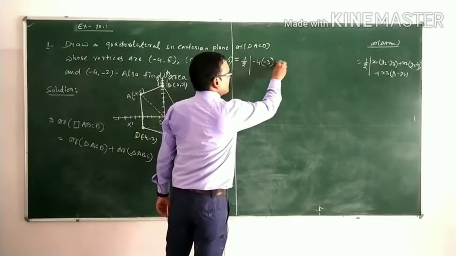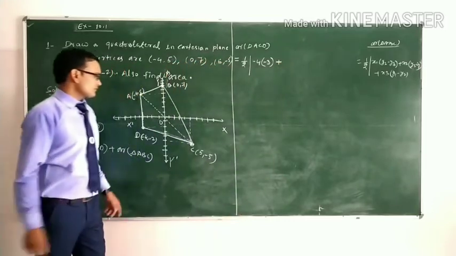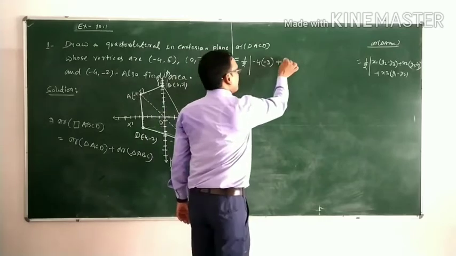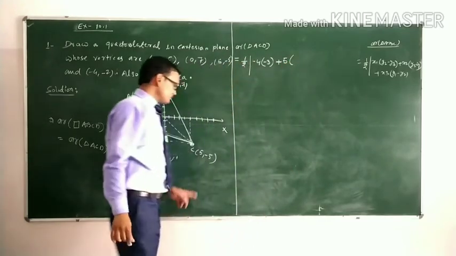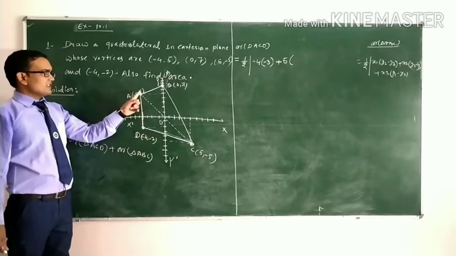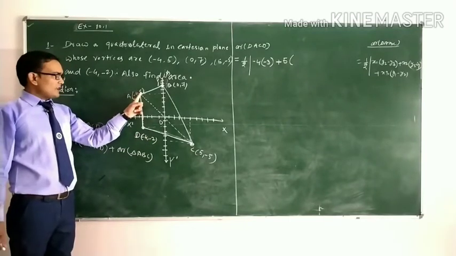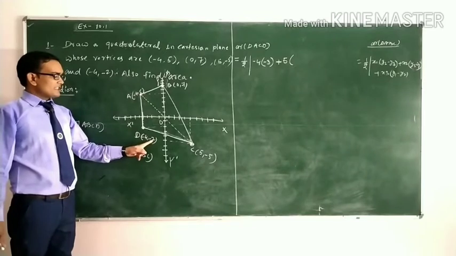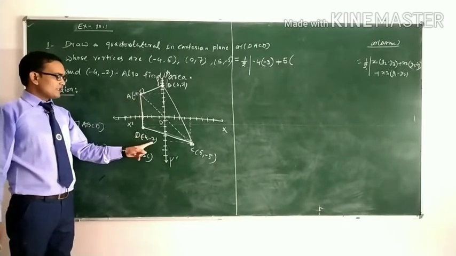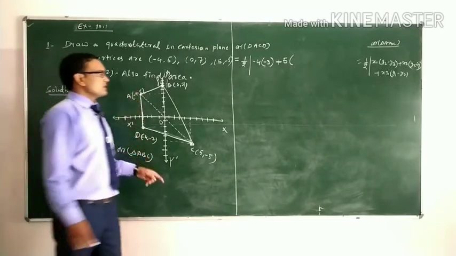Minus 3 plus x2, 5, into (y3 minus y1). y3 is minus 2 and y1 is 5, minus 2 minus 5 is minus 7.